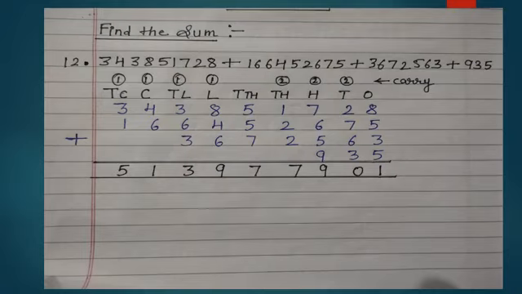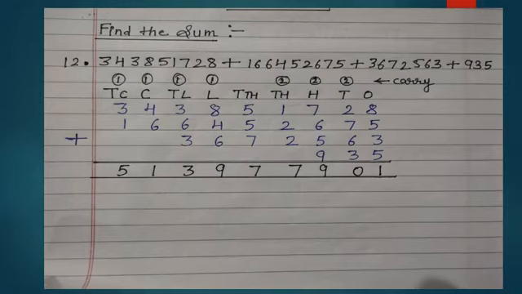See children, question number 12. Here four numbers are there. You have to arrange them column wise: ones, tens, hundreds, thousands, ten thousands, lakh, ten lakh, crore and ten crore. You have to write each digit in the respective place value chart and add them.